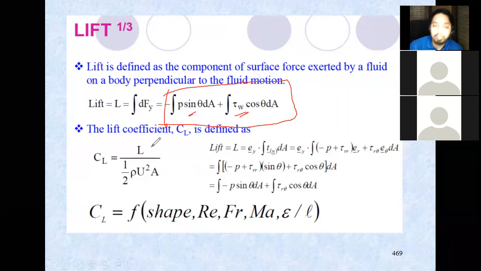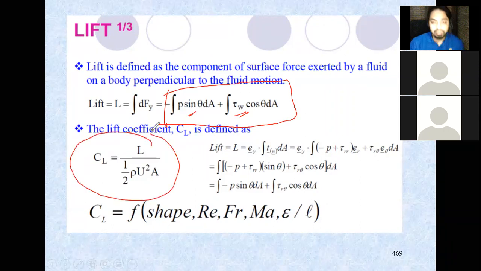In practice we use the lift coefficient to simplify them. The lift coefficient is a function of almost the same things as drag: shape, Reynolds number, Froude number, Mach number, and surface roughness. More or less the same. Okay.